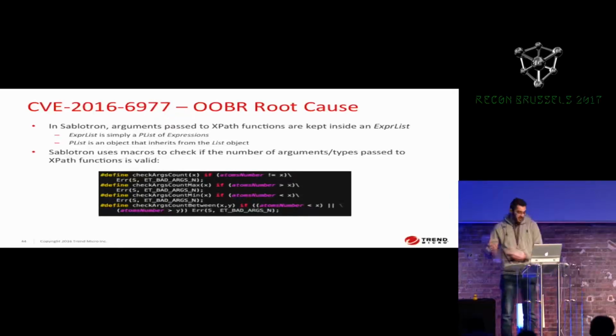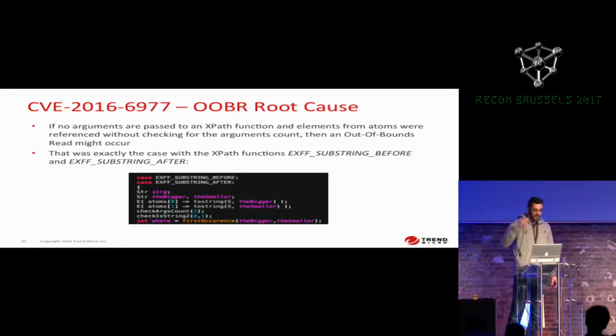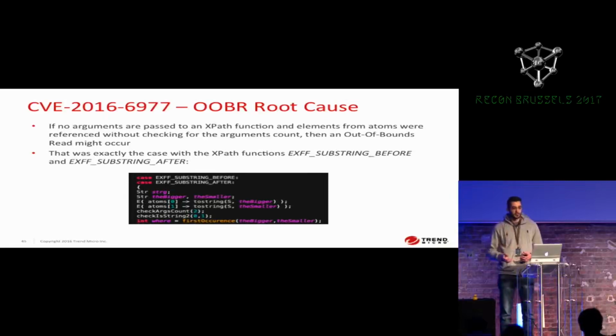If not, it's going to bail out. If you check this pattern inside a function called callfunc that implements all the XPath functions, you're going to notice that they check args and then reference these args. Only in one case, substring after and substring before, they reference the args and then check the args. That's exactly what happened here, and this caused the out-of-bound read.